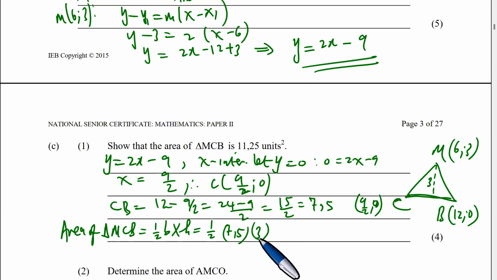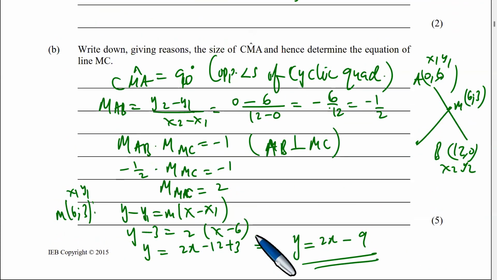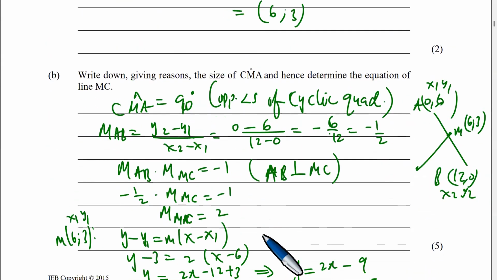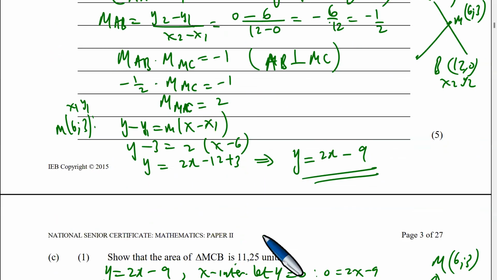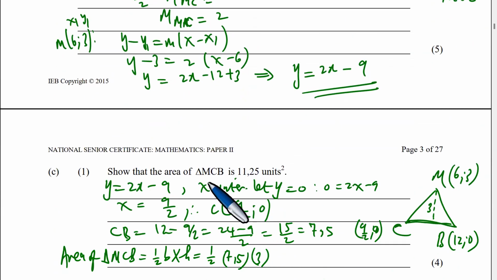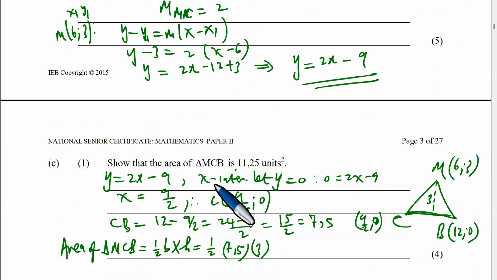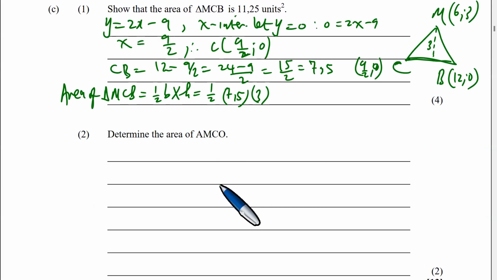The height is exactly 3. Right, so we get exactly this. Okay, what do they want here? We're finding the area of MCB, which is this one. Yeah, good. So that is the area of MCB.